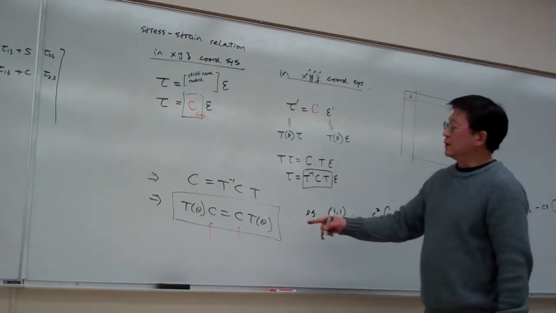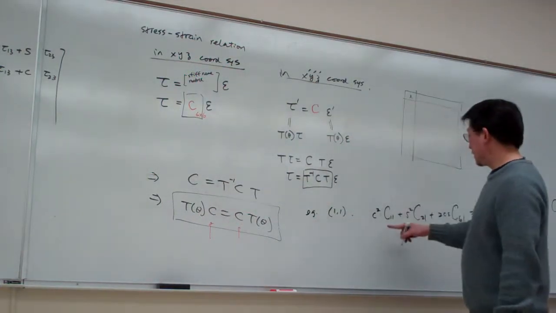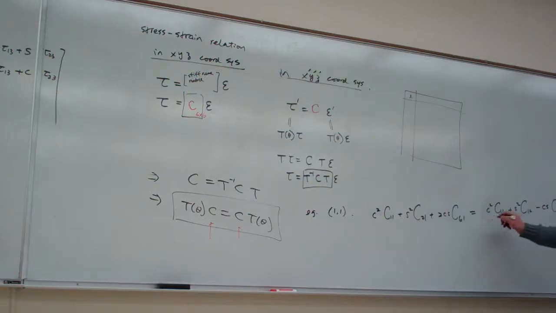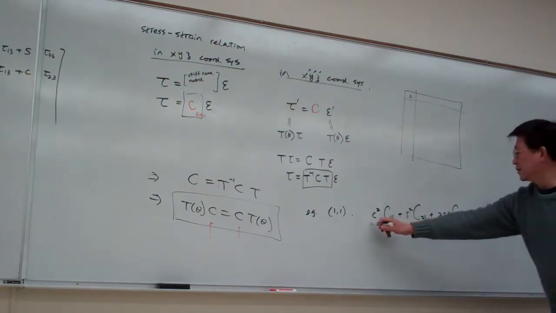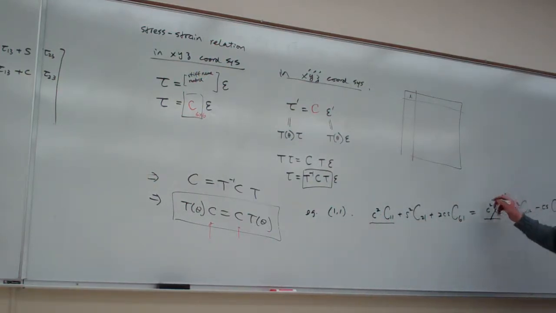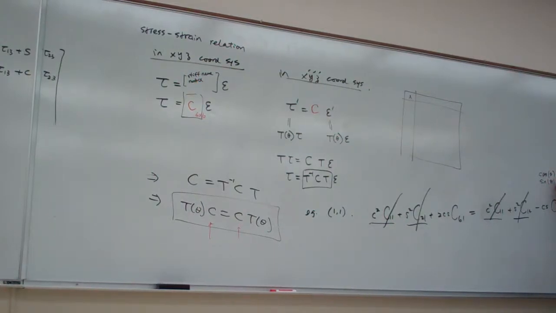When I look at the first element, the expanding will be like this. So compare both sides. This term can be cancelled. This term and this term can be cancelled. In our definition, c is cosine theta and s is sine theta.